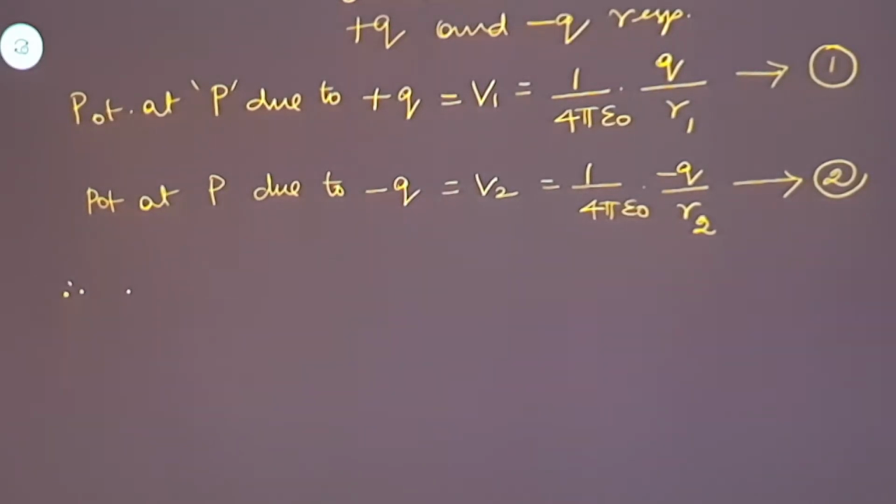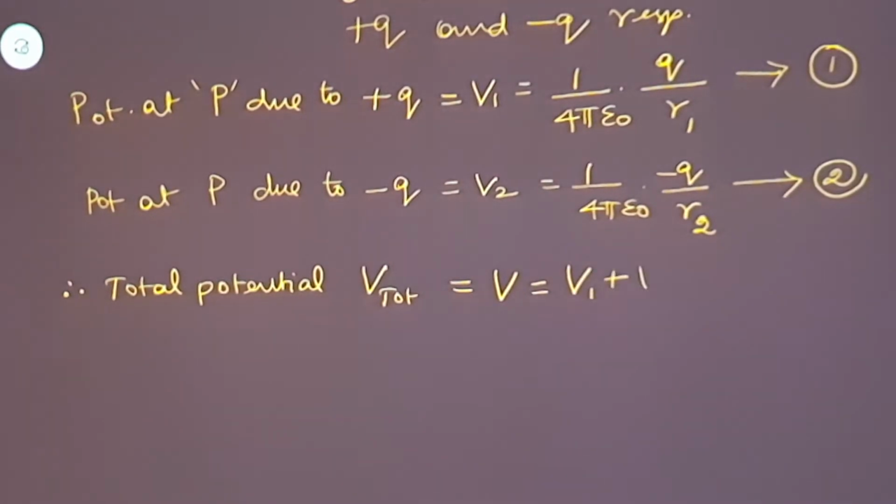Therefore, the total potential V total at point P, which we can consider as V, is equal to the algebraic sum of the two potentials, that is V is equal to V1 plus V2.